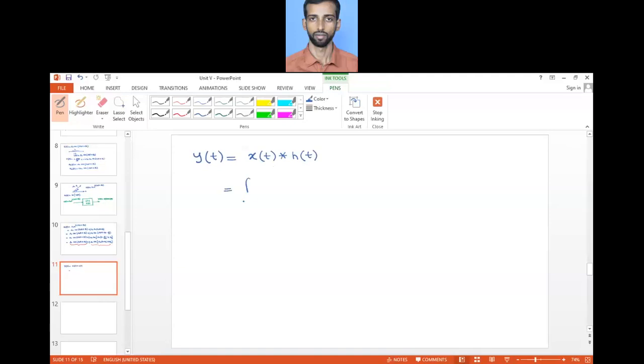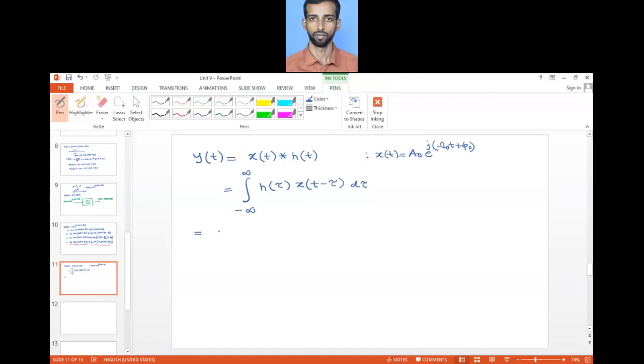That is basically the integral of h of tau x of t minus tau d tau, for all tau ranging from minus to plus infinity. Remember, what is my x(t)? x(t) is governed by a naught e to the power j omega naught t plus phi naught.